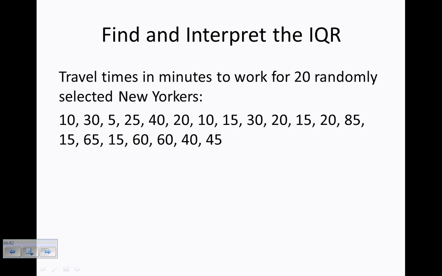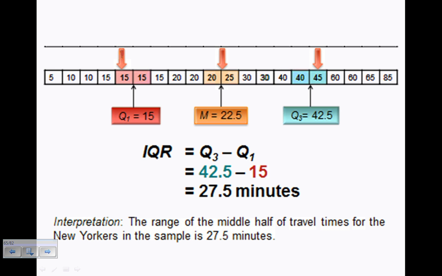So let's find and interpret the IQR for the data going on here. I put it in increasing order. I had 2 middle numbers, so you have to find the average of the 2, and there's your median, or quartile 2.